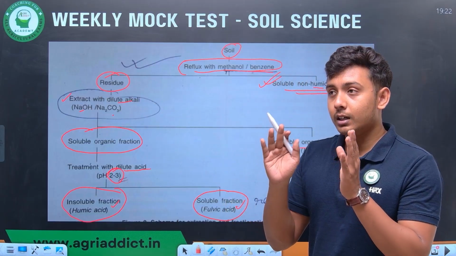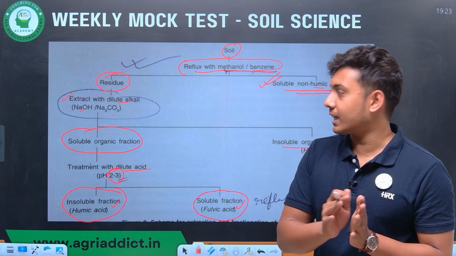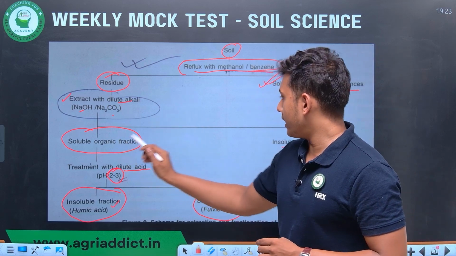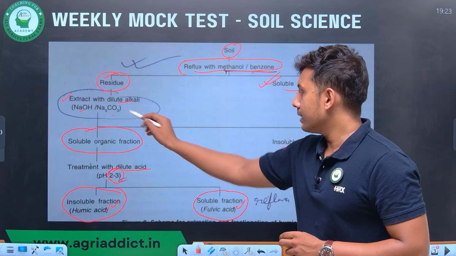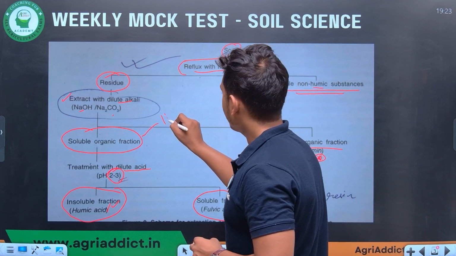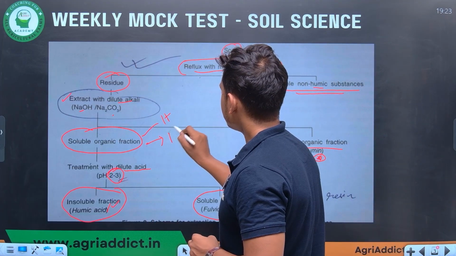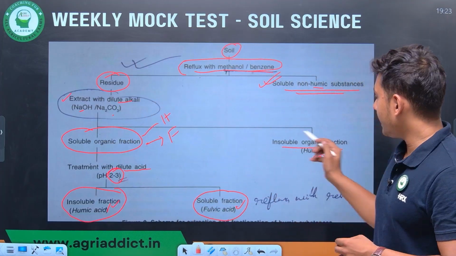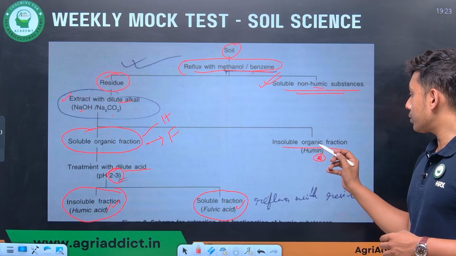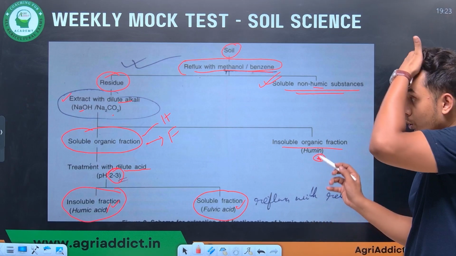What are the components soluble in dilute alkali? They are humic acid and fulvic acid. Both get dissolved in dilute alkali, but the insoluble part is humin. So humin will not dissolve.